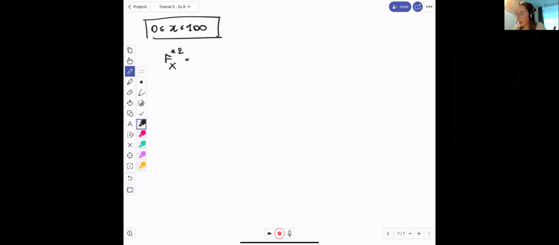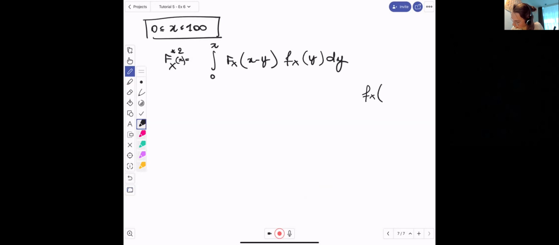In x, it's the integral from 0 to x over a cumulative distribution function times a density function, like this. But what do we know about our density function? I'm going to write it again here. It's 1 over 100 in the case that x is between 0 and 100, and 0 otherwise.